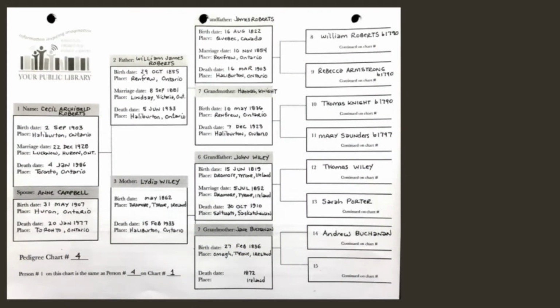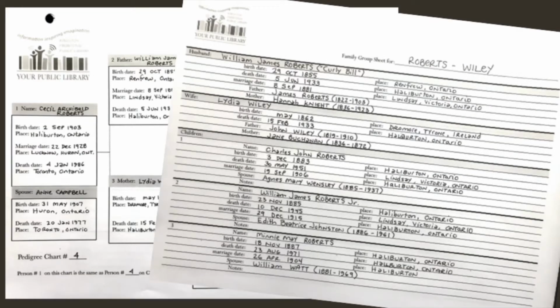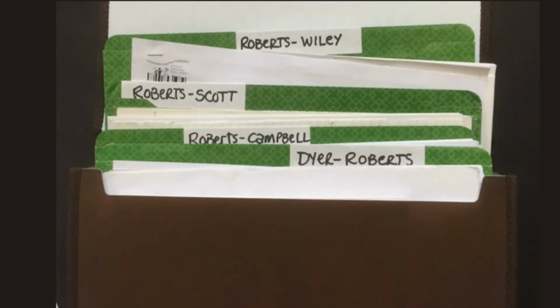A couple of other important items go into these folders. For each family, you'll want to have a pedigree chart and a family group sheet. These are the most basic tools for keeping track of your research, and I'll tell you more in an upcoming video. So if you've got a nice big overwhelming stack of documents and notes about your ancestors, either on paper or on your computer, this is one way to get things under control.